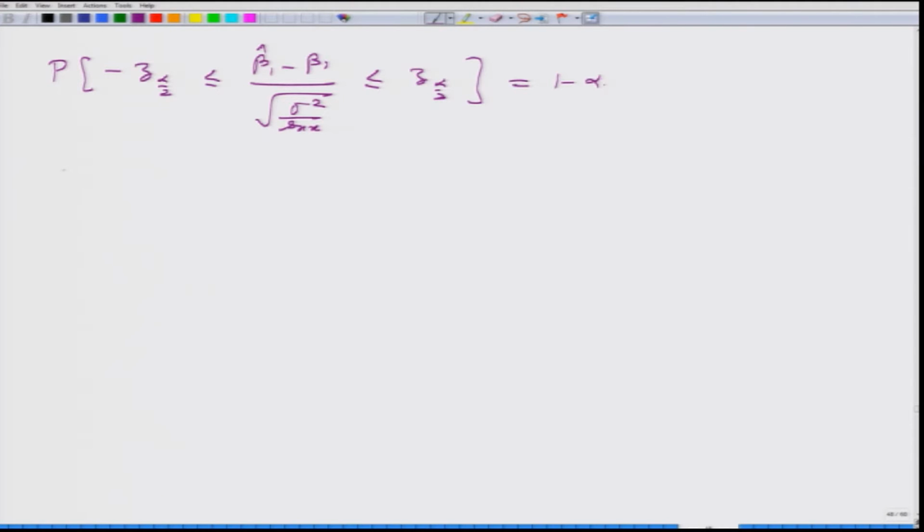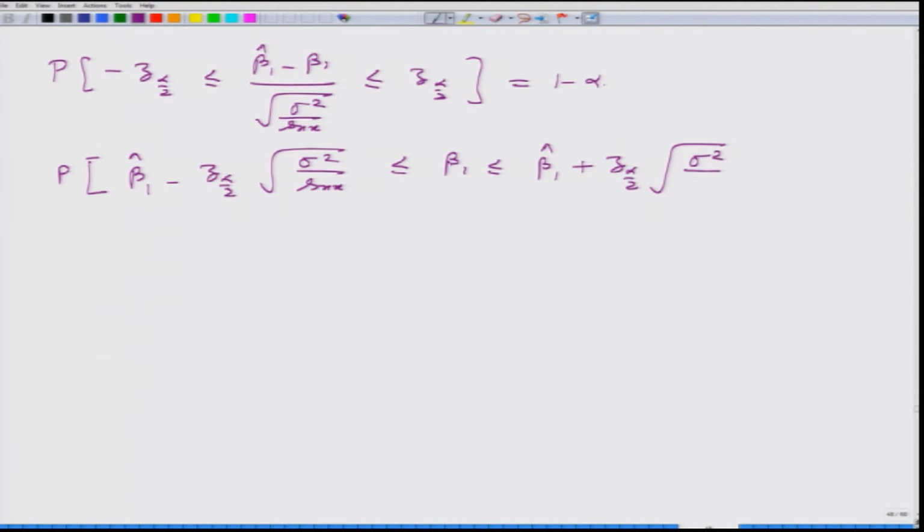We solve it further, and obtain that beta 1 hat minus z alpha by 2 times square root of sigma square over Sxx is less than or equal to beta 1, which is less than or equal to beta 1 hat plus z alpha by 2 times square root of sigma square over Sxx, with probability 1 minus alpha.